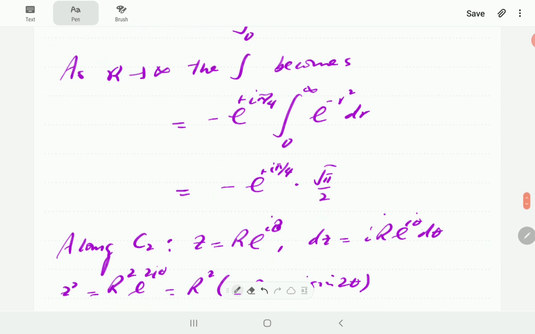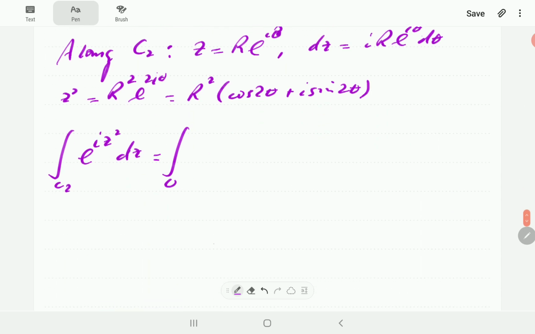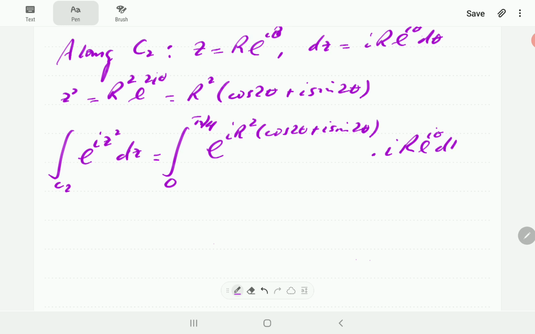So our integration limits are going to be 0 to pi over 4. Then we're going to have e to the i z squared is R squared cosine 2 theta plus i sine 2 theta. Then dz is i R e to the i theta d theta.